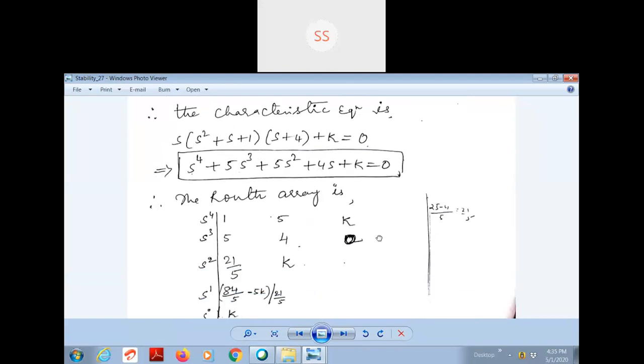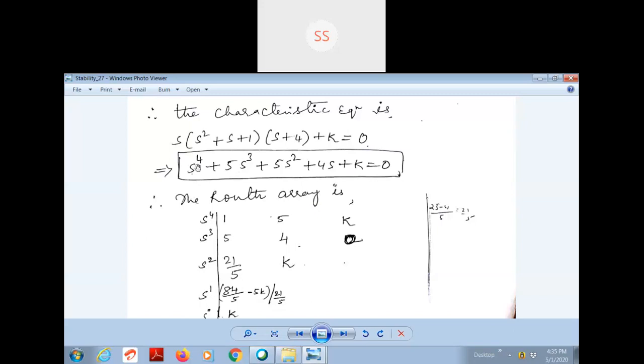So therefore now we know how to write our root array. Again the highest power is 4, so the array will contain s power 4, s cube, s square, s to the power of 1 and s to the power of 0 as the last term. Now the first two rows of the array can be completed by looking at the characteristic equation.